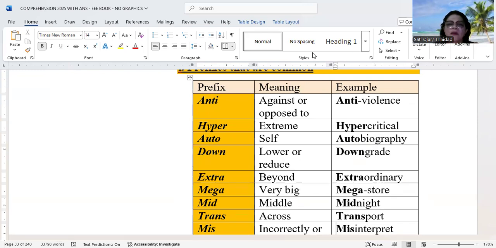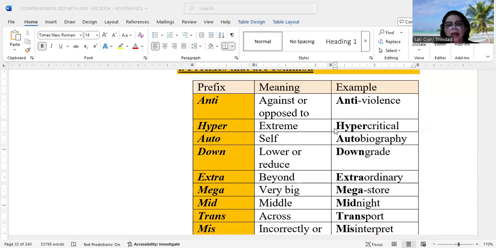No violence. Use the clue that's given here. The clue is right here. Right, you're against or opposed to violence. Excellent.